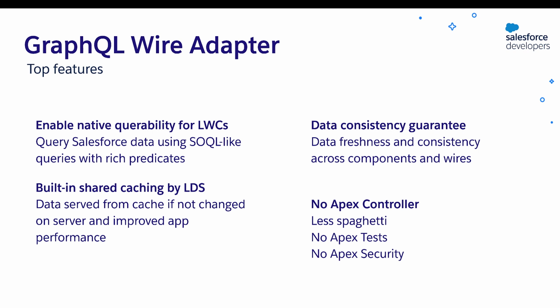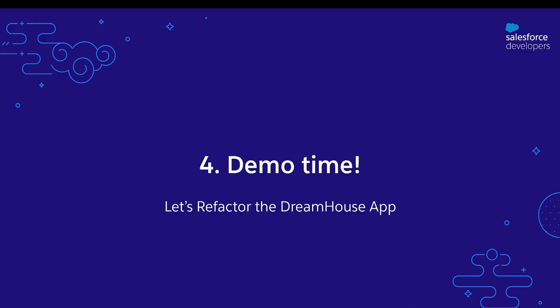So at the end, all of this, especially the first part, makes your code have less spaghetti, because there is no Apex controller, therefore there is no Apex test to write, and there is no Apex security that you need to enable. It's all within your LWC.